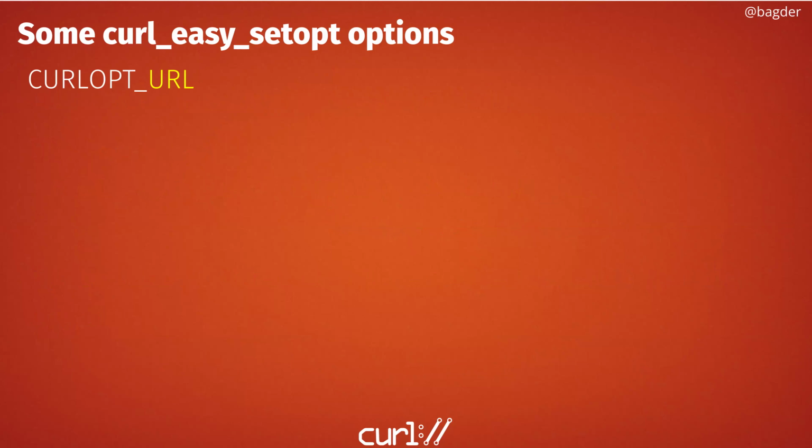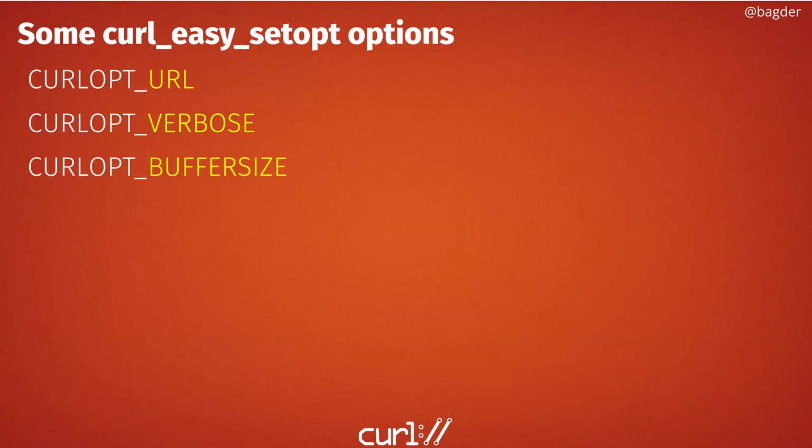So you can set the URL, you can set the verbose option, which is a very handy one, just makes it more talkative. So it helps you debug what is happening. It will output a lot of stuff on standard error by default to tell you about what it's doing and what the protocol is doing underneath.